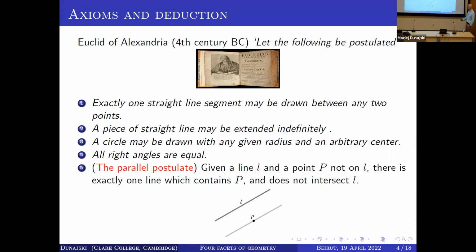Given a line, call it L, and a point P not on this line, there is exactly one other line, this thinner or lighter line, which contains the point P and doesn't intersect L. Euclid thought that this fifth axiom has to be added to the first four to make a complete set, but it cannot be deduced as a consequence of the first four axioms. And again, this is something I'll come back to, the relation of the fifth axiom with the first four.